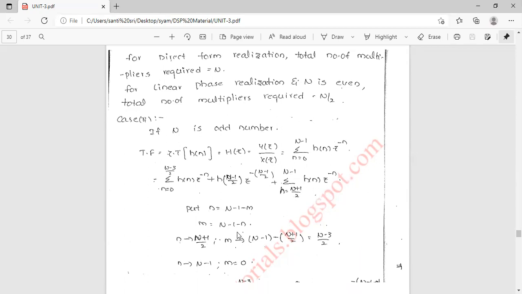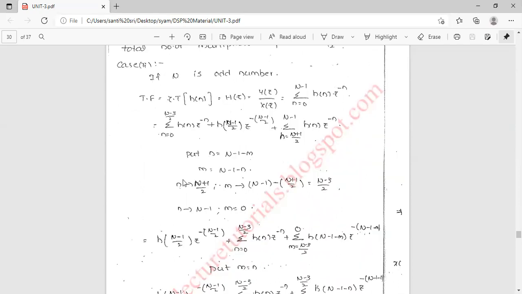Put m equal to N minus 1 minus n. So m will become N minus 1 minus n. So if n is N plus 1 by 2, then m will become N minus 1 minus N plus 1 by 2, that is N minus 3 by 2.